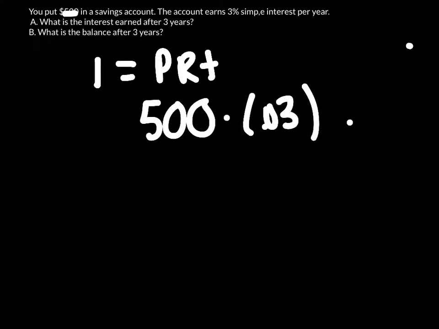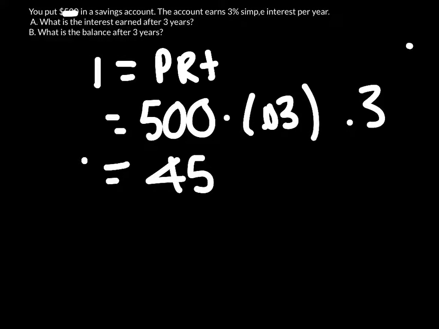Now multiplying those all together, 500 times 0.03 times 3, you get 45. So 45 is the interest earned, so that's $45.